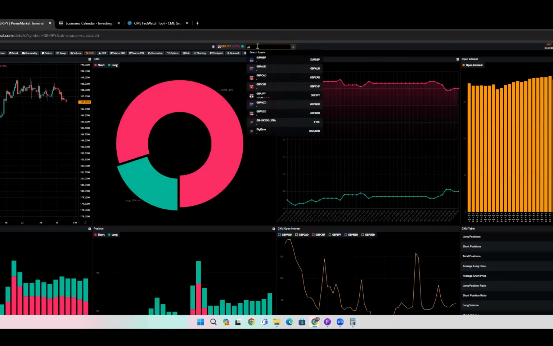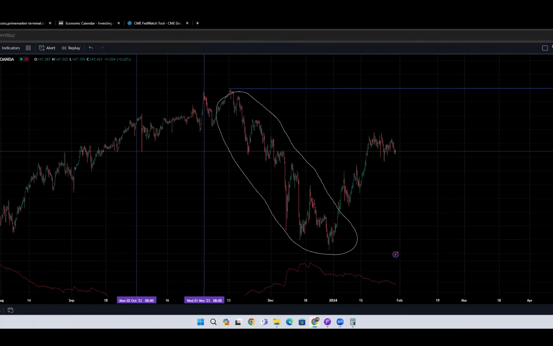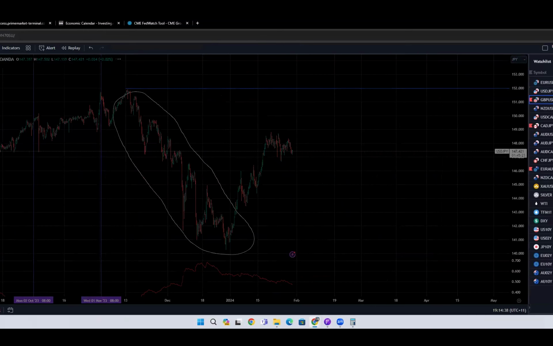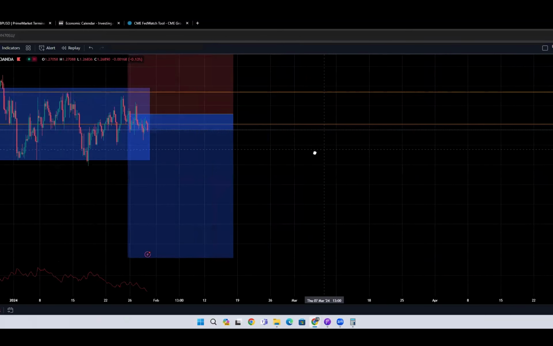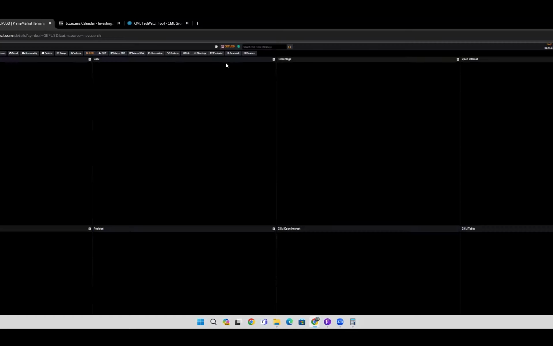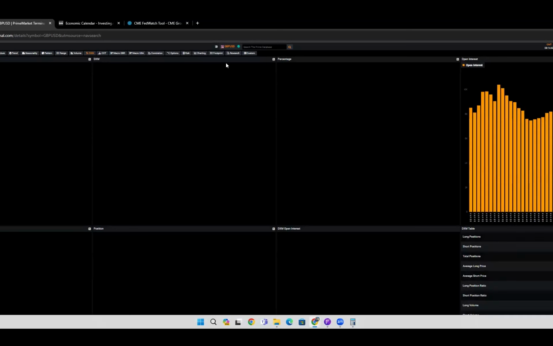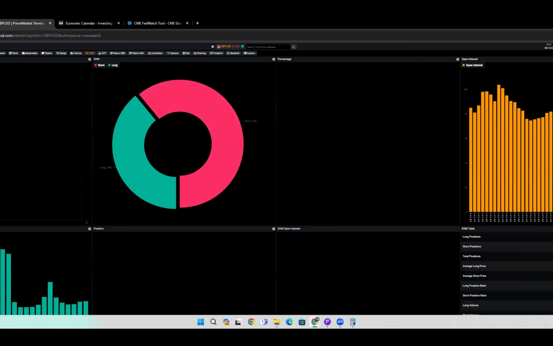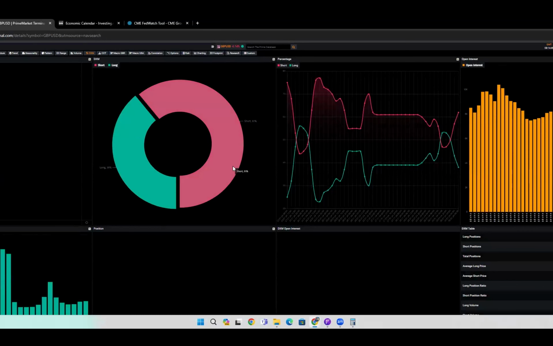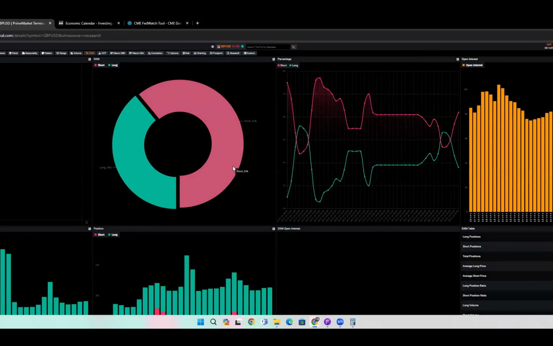But I want to show something cool for the pound dollar, where I'm in a short position. Remember, I mentioned last week on Thursday that we had a flip.